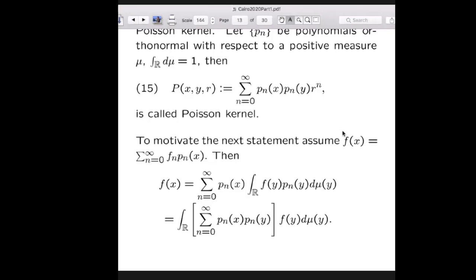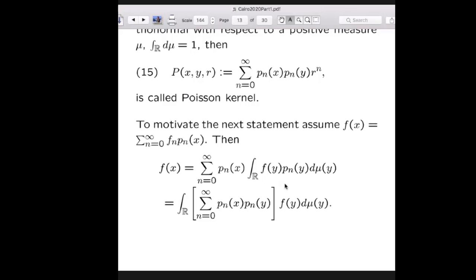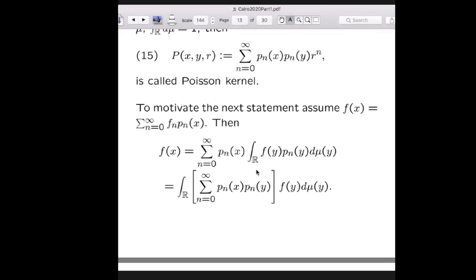I write the function expanded in terms of the orthonormal polynomials, and then I replace these coefficients by the integrals. I didn't do anything; this is just the definition. And I do something not very kosher: I interchange the sum and the integral, and I get this.